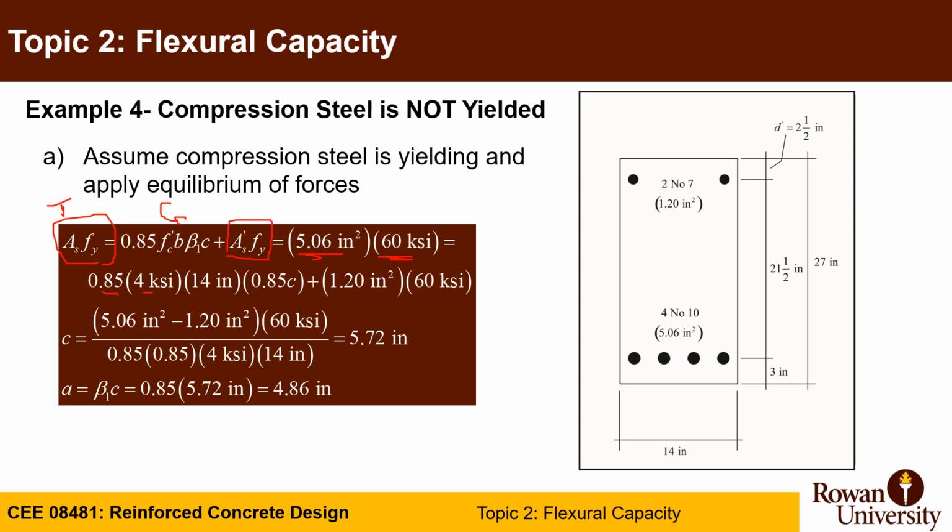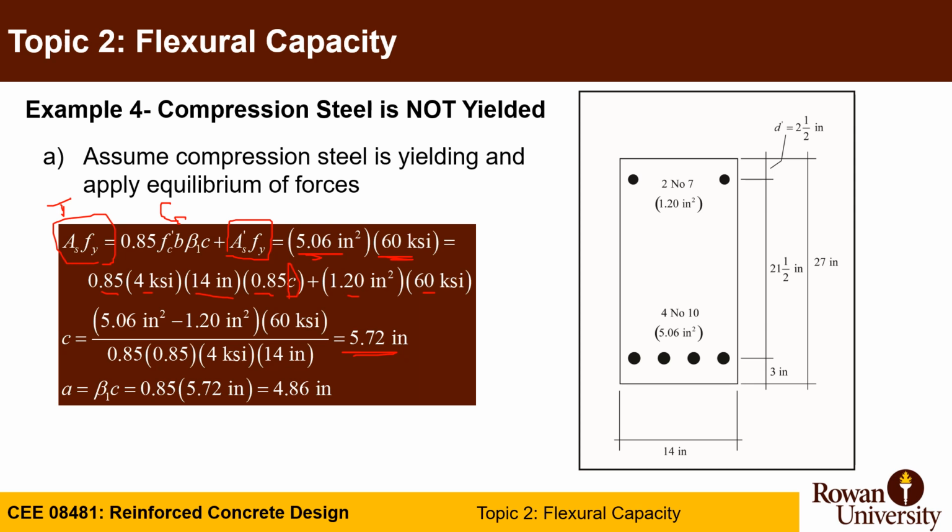F prime C is 4. B is 14. 0.85 is beta 1. C is not given. We have to calculate it. Assuming compression steel yielded, so FS dash is equal to yield 60 times AS dash 1.2. I give you C as 5.72.